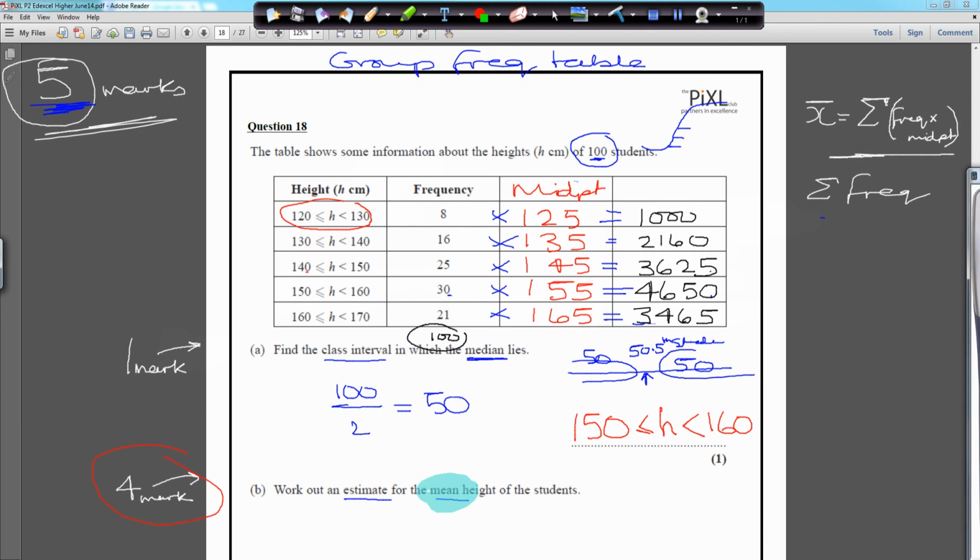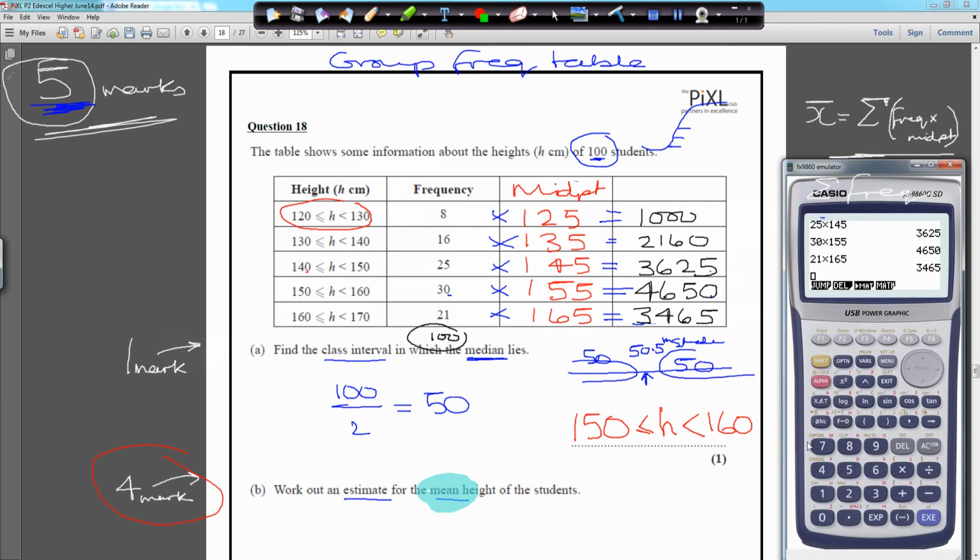Let's grab the calculator again and work out the sum. We start off with 1000, add 2160, plus 3625, plus 4650, plus 3465.